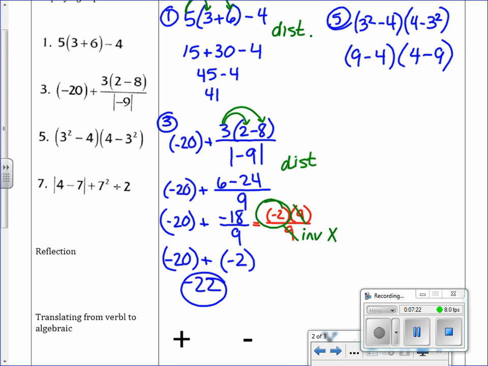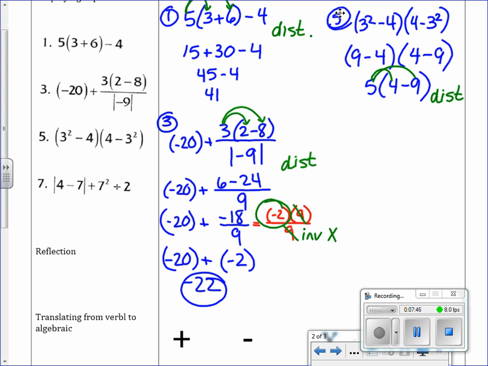Now we're going to talk about a really cool way to distribute these later on. But for this here, I'm going to just take care of one of the grouping symbols, 9 minus 4, and I'll have 5, and I have 4 minus 9. I can distribute the 5 to the 4 and the 5 to the 9.